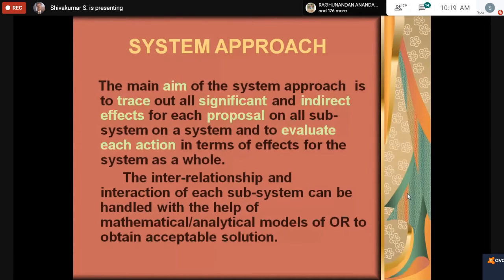A system consists of relatively smaller subsystems which work together to achieve the objective of the system. For example, you have a computer system. It has an input, a processing unit, and an output. These three, input, process, output, constitute the computer system.